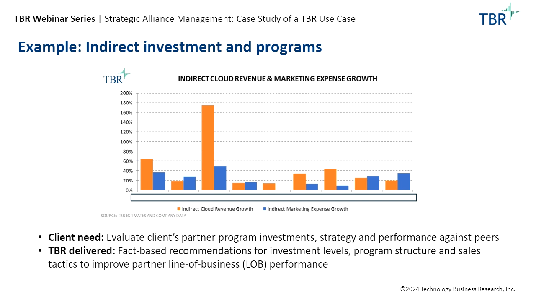They were evaluating their indirect investments across headcount, programs, technology, all the different vehicles that those dollars can take the form of, getting a benchmark for how they compare, things that they should consider spending more in, investing less in, as well as that story for each vendor, where they're at, where they're trying to get to, and what the key things are that our client can learn as a result of that.